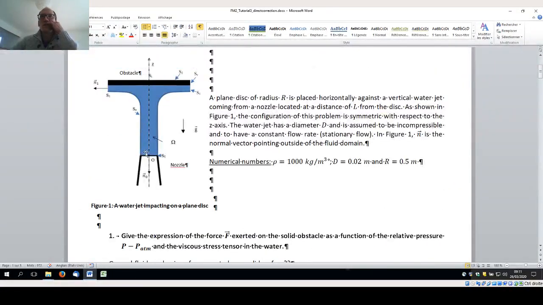Why? Because SE is a surface at the interface between water and air. So SE is actually a free surface between water and air.